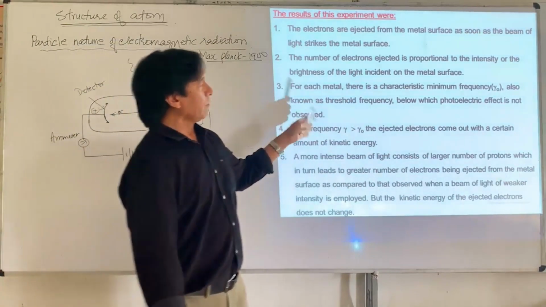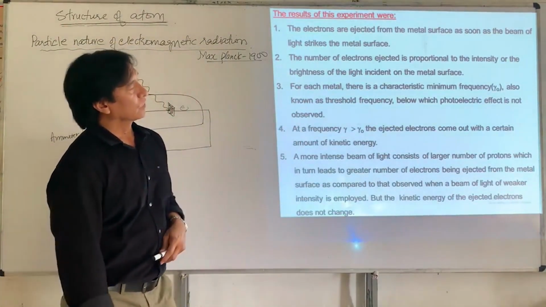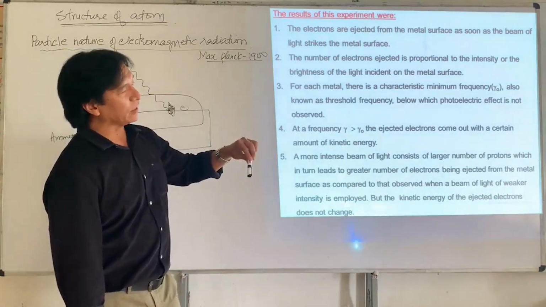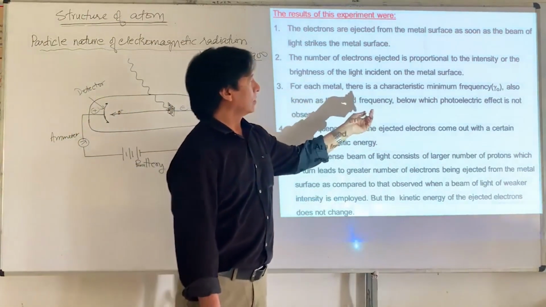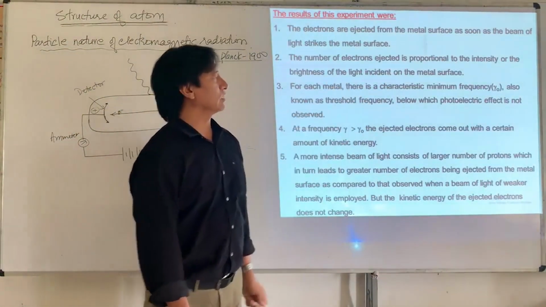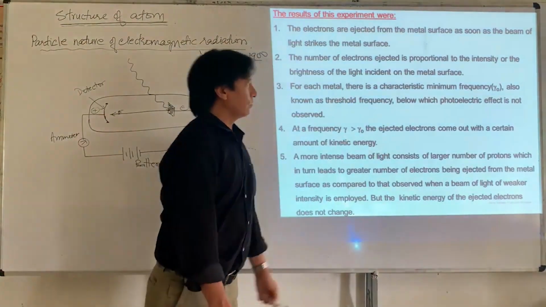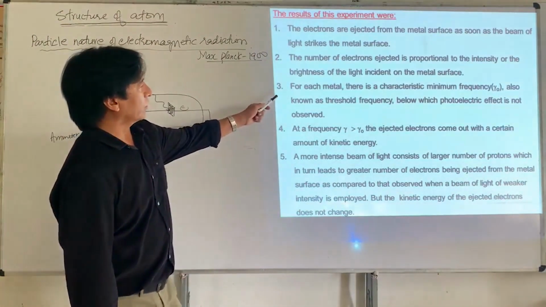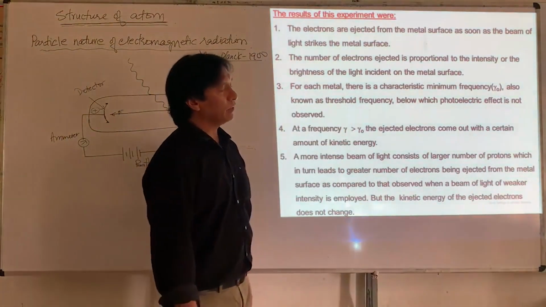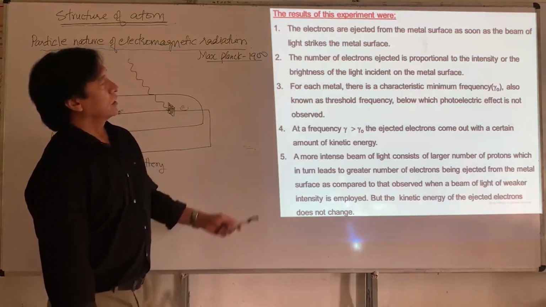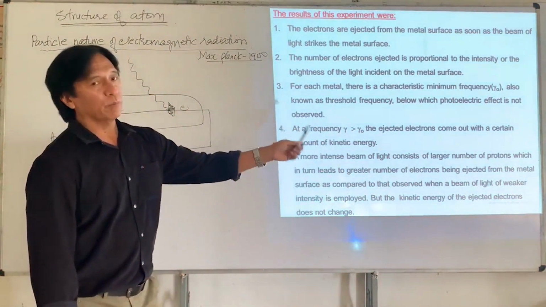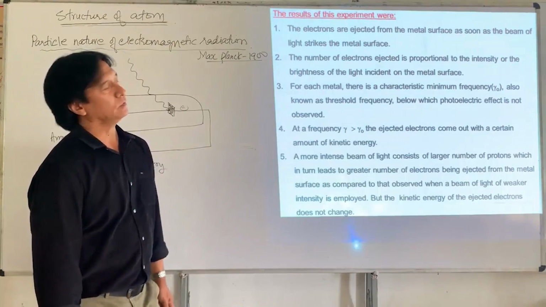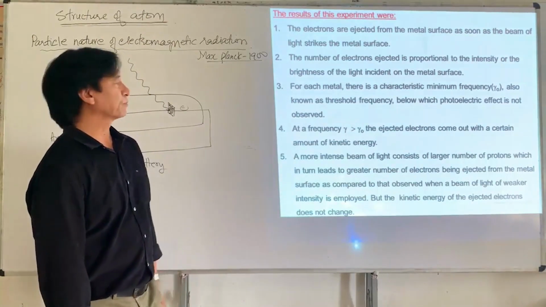If the frequency of the ray of light striking the metal surface is less than the threshold frequency, then no photoelectric effect will be observed. So, to read it once again, for each metal there is a characteristic minimum frequency nu naught, also known as threshold frequency, below which the photoelectric effect is not observed. This is what we are supposed to know.